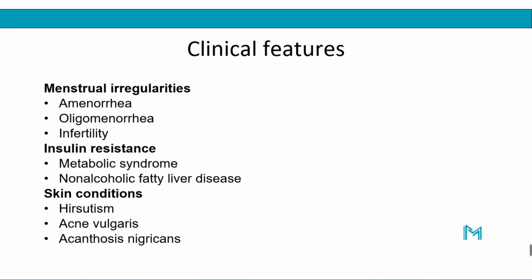Then you have your skin conditions, as we've seen in this patient. You have hirsutism, which is increased facial hair in the female. You have acne vulgaris, which we've seen in this patient as well. You have oily skin. These are all features suggestive of increased testosterone or androgen in the body.